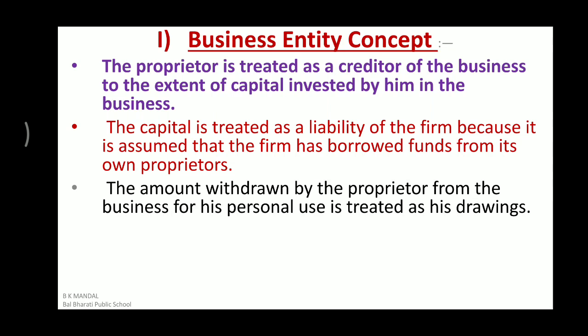The amount which is withdrawn by the proprietor from the business for personal use is treated as his drawings, not expenses. So whenever capital is invested, it is an internal liability. Whenever the proprietor withdraws something from the business for personal use, it is treated as drawings, a decrease in capital or decrease in liability. So that is the business entity concept, and a very important concept.